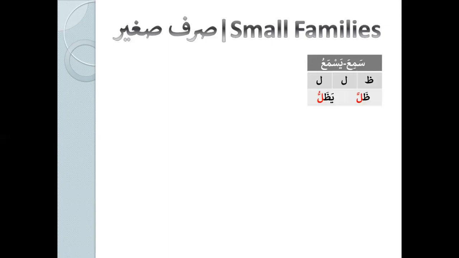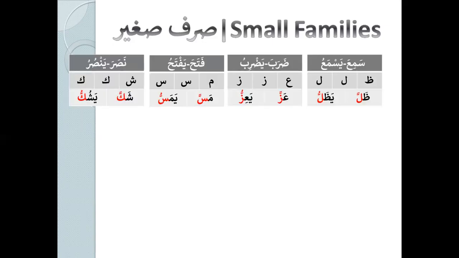Now let's look at the small families we have. If you see Sami'a, Yasma'u, when the root letters Zay, Lam, and Lam are put into Sami'a, it becomes Zalla. Why?